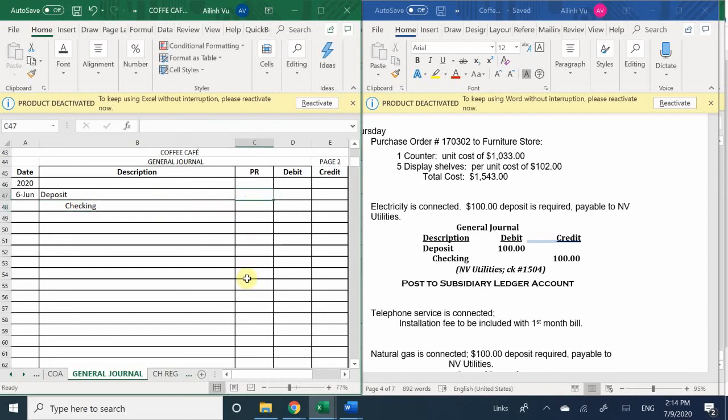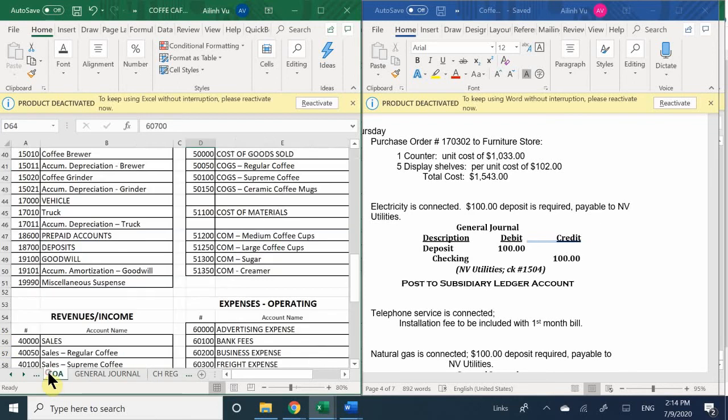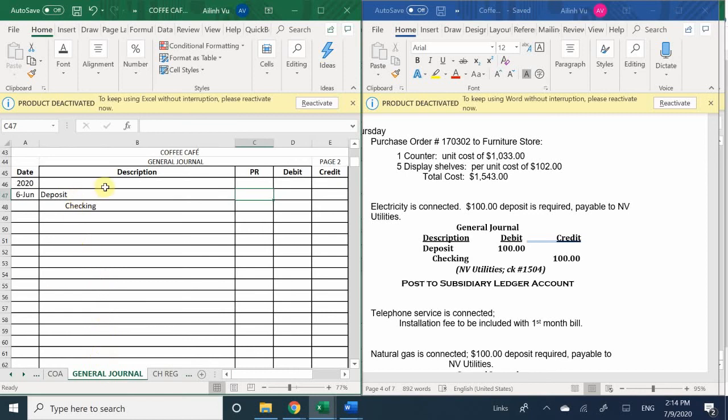So let's take a look into our chart of accounts to find out what deposits is. What account is deposits? It would go in 1800, 18700. 700 is our account. So we wouldn't put it under electricity?